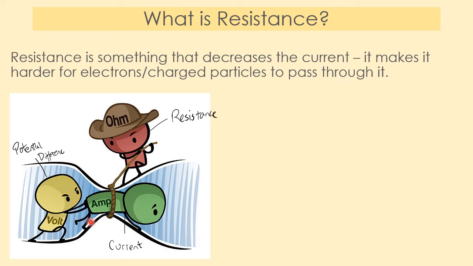So we could get a larger current. Through this bit here, our resistance has gone down. So we're going to decrease the number of electrons going through this point. As such, it will decrease the current in the entire circuit because less electrons will be able to pass through each point per unit time. Now, resistance is measured in something called ohms.